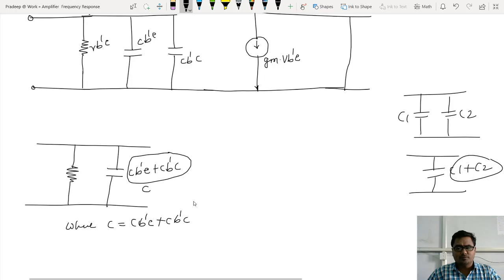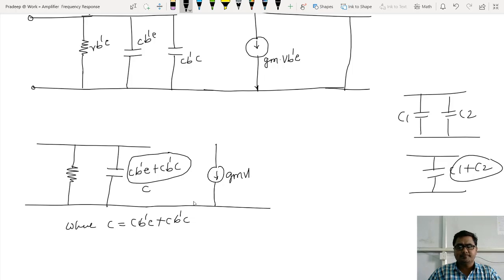Now, what is there at the output side? At the output side, only one current source. And what is that current source? It is gm V B dash E, with the load replaced by a short circuit. This is the load current, sorry, collector current.